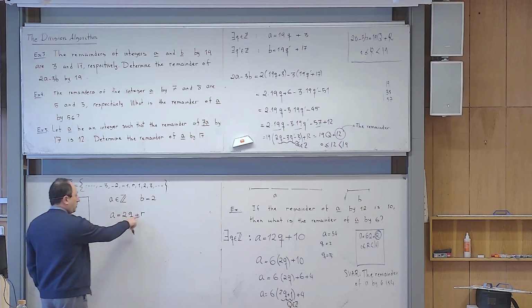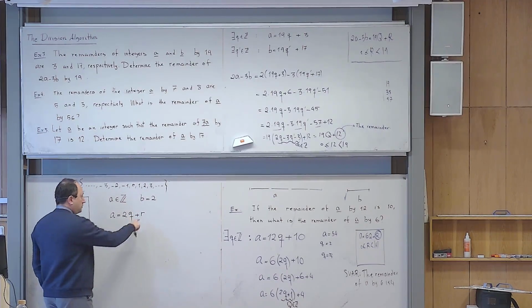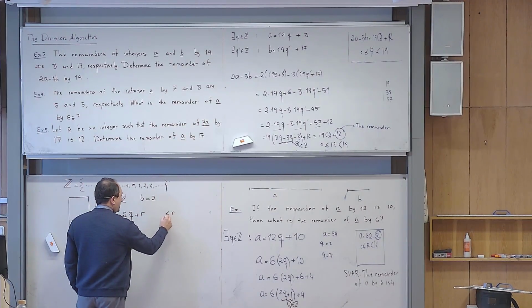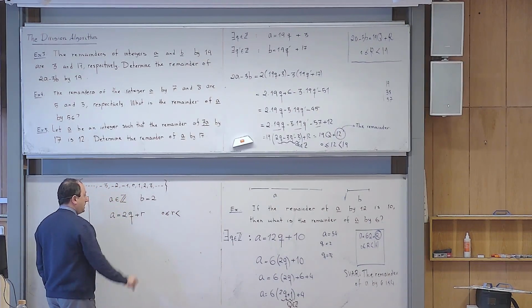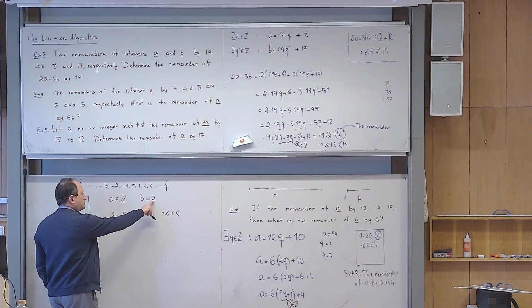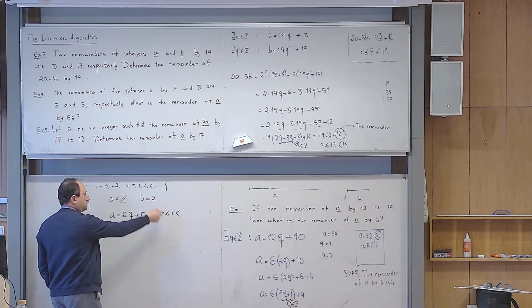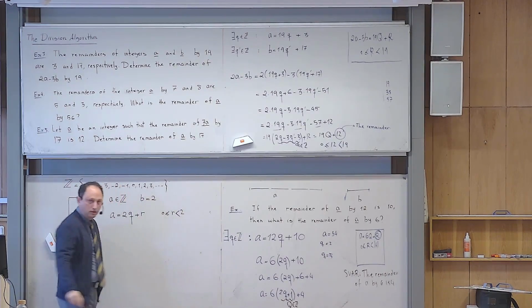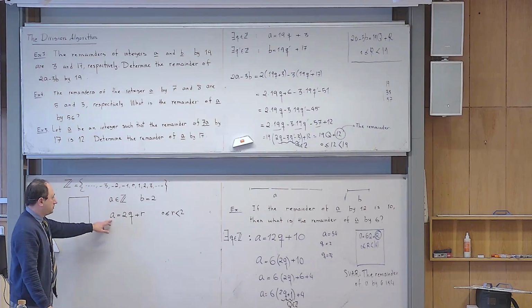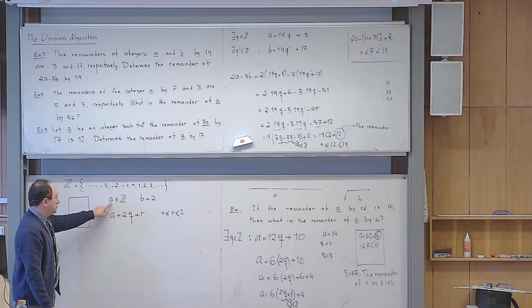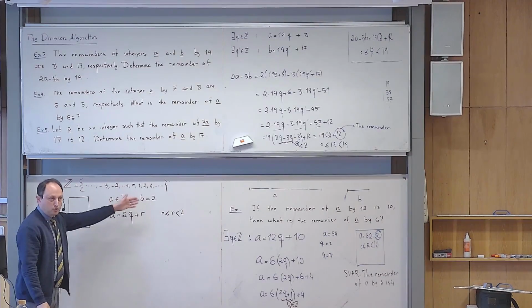But q and r are not only integers, r also satisfies an extra condition: it is greater than or equal to 0 and less than the absolute value of b, which in this case is 2, yes? So I am just rewriting the division algorithm for an arbitrary number a, with b being 2.